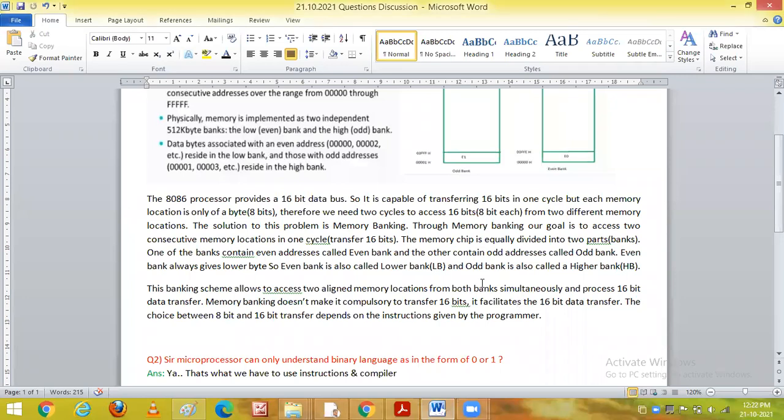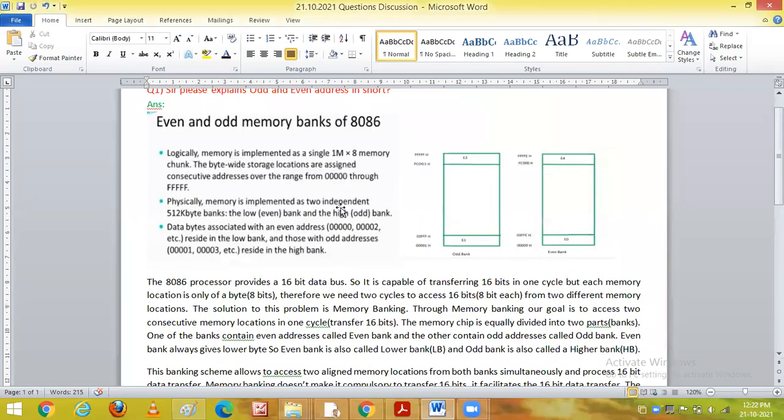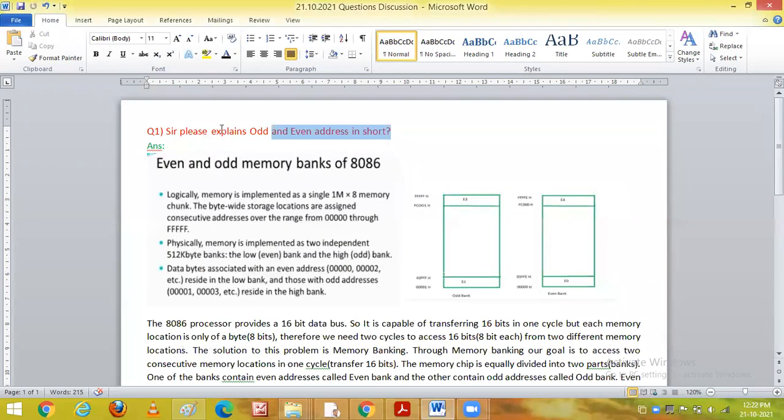Yesterday, one student asked a question in your friend: please explain odd and even addresses in short. In the internal operations we studied odd and even addresses, with three instructions: first instruction, second instruction, and third instruction.